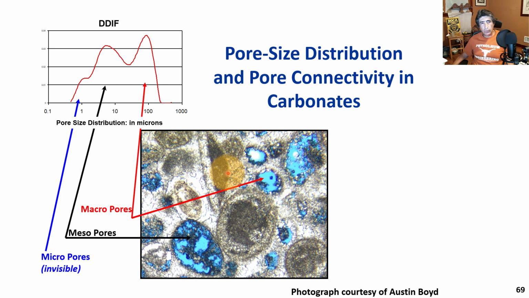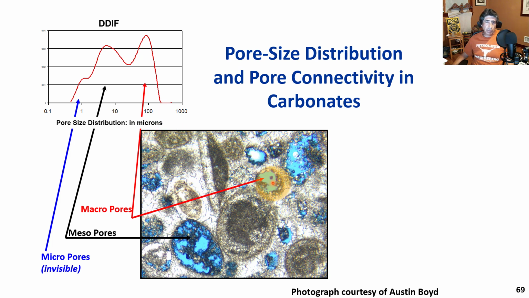In fact, if you were to do the same plot on a logarithmic scale of the pore size distribution as illustrated here, you are going to see that we have three dominant peaks, which are the micropores, which in this case are invisible. All of that is taken by essentially irreducible fluid. And then we have the mesopores indicated here, because of dissolution, and then we have the macropores that we have in these regions of space.